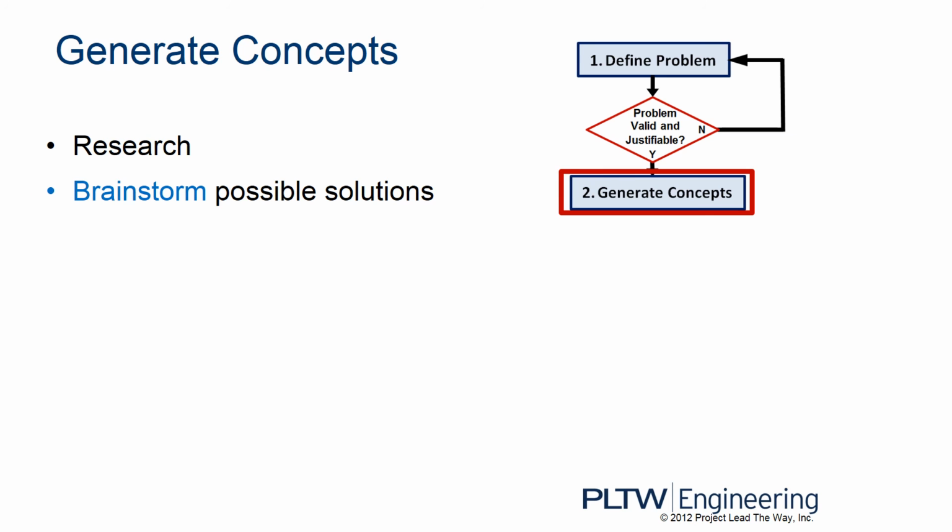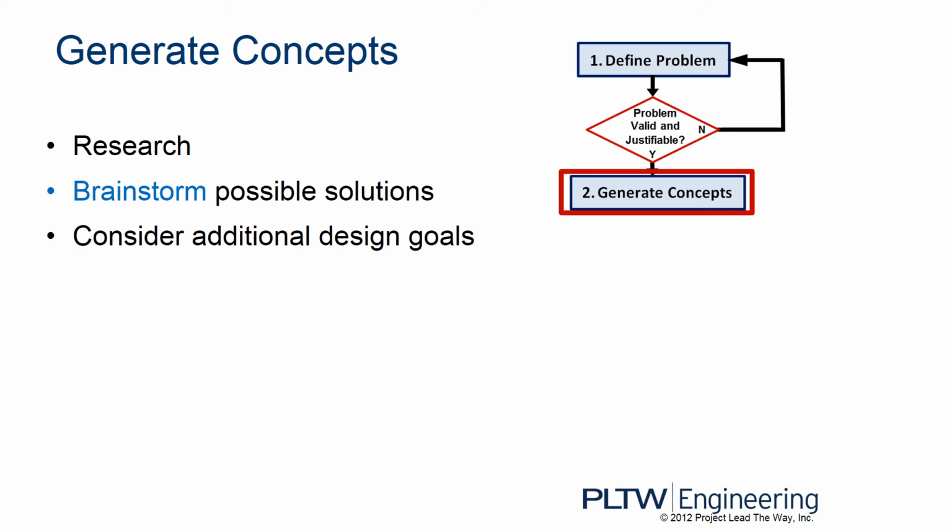There's an entire PowerPoint slide on different ways to brainstorm, but you're going to come up in some method with additional ideas, additional solutions to this problem. Here are many ideas to solve this problem.